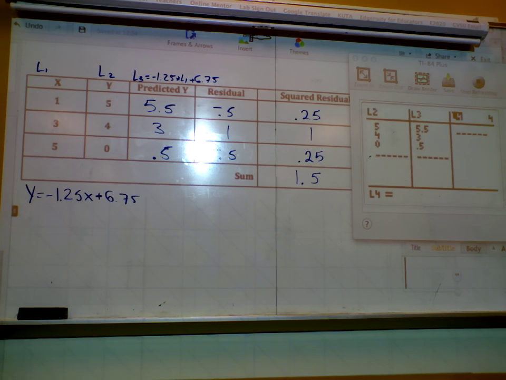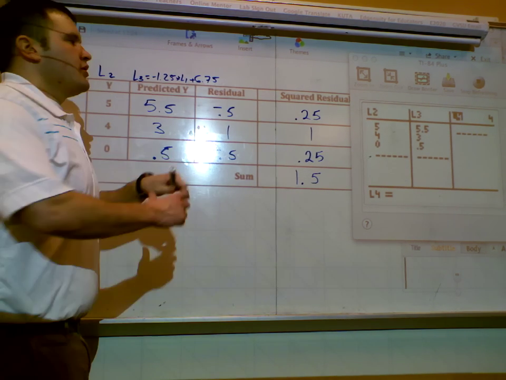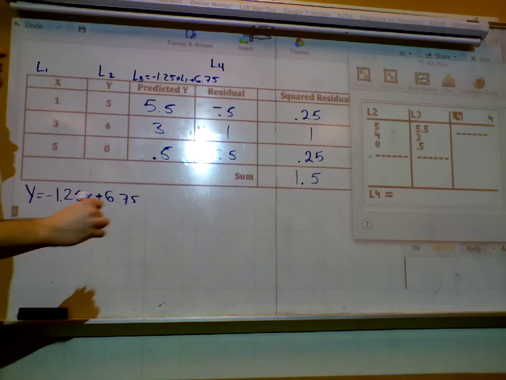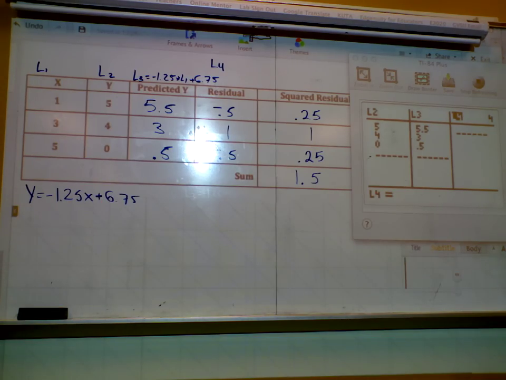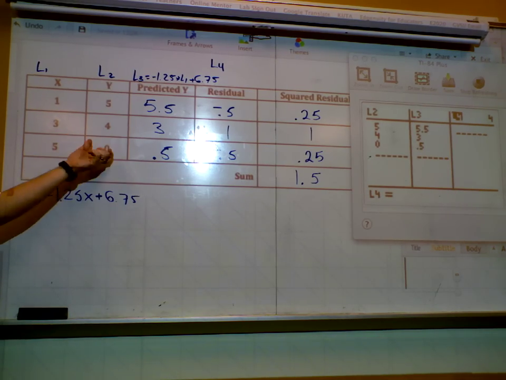Now, this was L1, L2, L3. So what's this column? L4. To find L4, what two columns are we looking at? Actual minus predicted, right? Here's my actual column, L2.